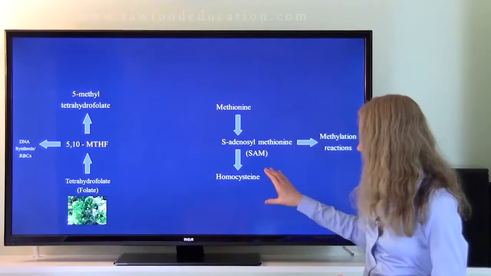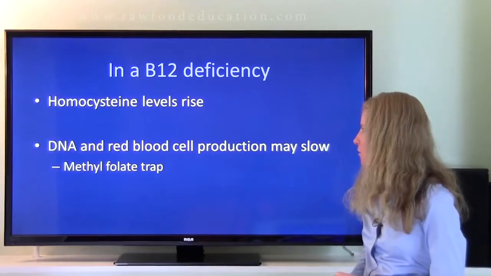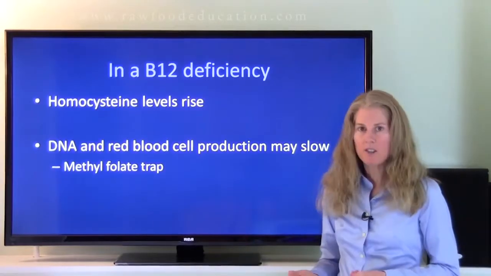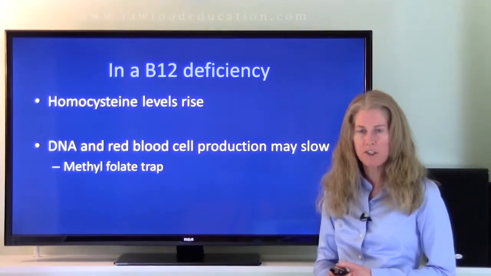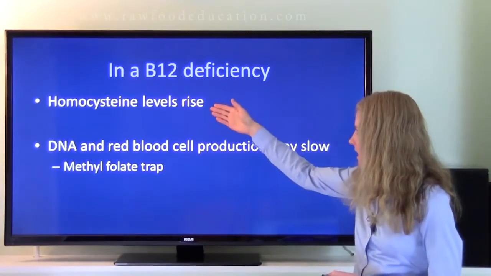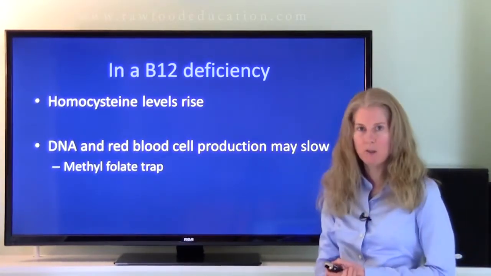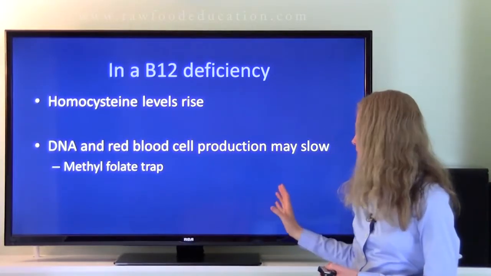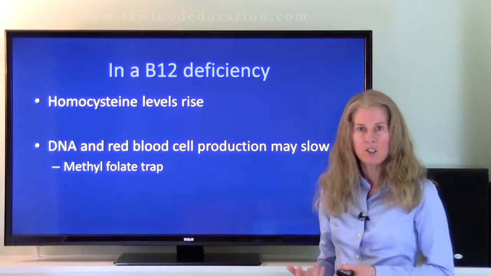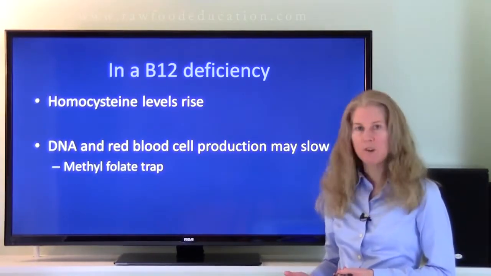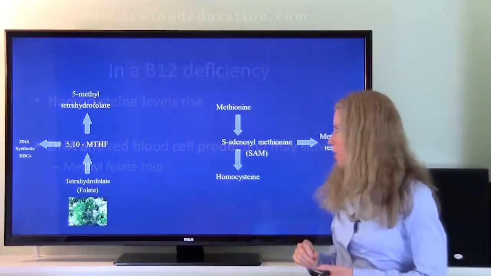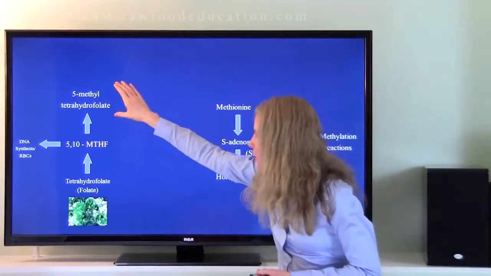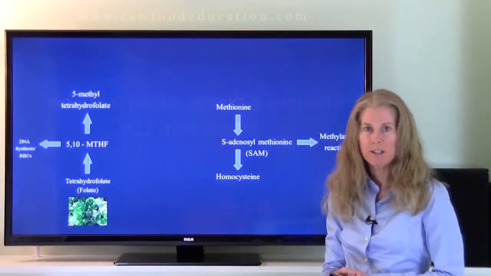And in addition to that, homocysteine levels start to rise. So to summarize here, in a vitamin B12 deficiency, we tend to see elevated levels of homocysteine. And DNA and red blood cell production may slow down. This is called a methylfolate trap. In other words, folate gets trapped as 5-methyl tetrahydrofolate.